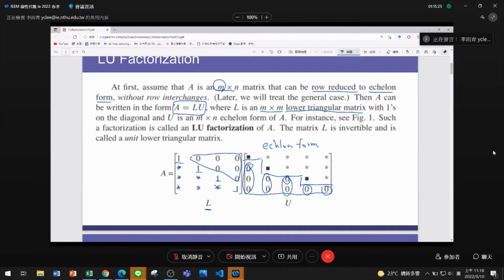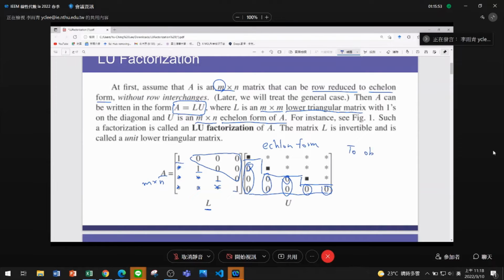And then U is n by n. So we multiply L with U, we get an n by n matrix that meets the dimension of matrix A. And U is the echelon form of A. So do you still remember how we obtain such an echelon form?